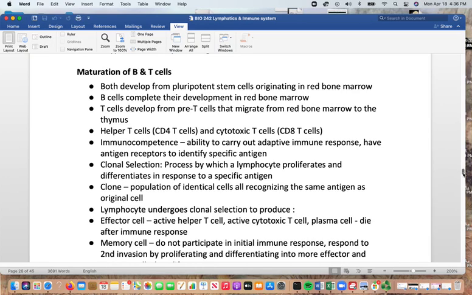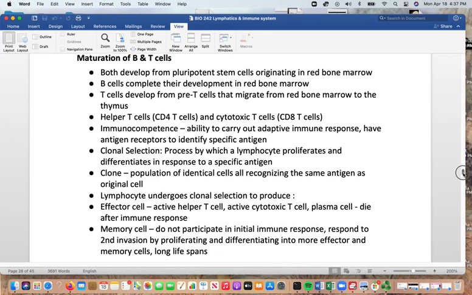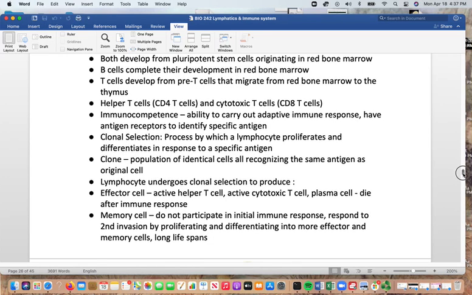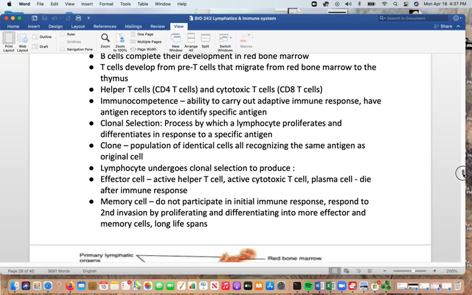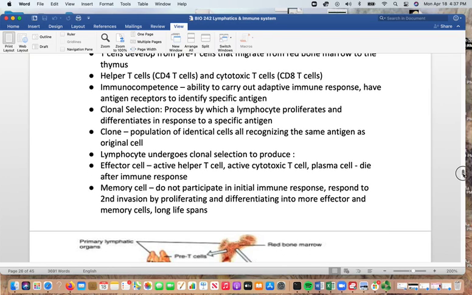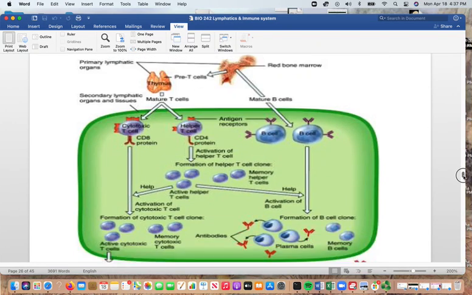Memory cells don't participate in that initial immune response, but they're going to be there to respond to a second invasion that could happen in the future. And they'll proliferate and differentiate into more effector and memory cells. They have long lifespans.